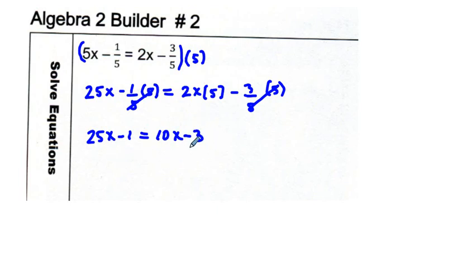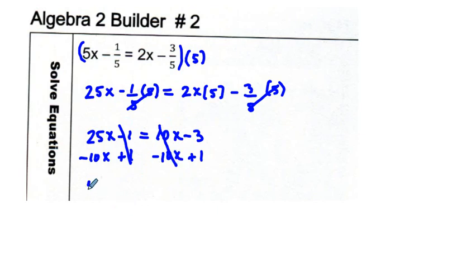And what I want to do is accumulate all the variables on one side and all the numbers on the other side. So I'm going to subtract 10x from both sides of this equation. And I'm also going to add 1 to both sides. On the left side we cancel out that negative 1 plus 1. On the right side we cancel that 10x minus 10x.